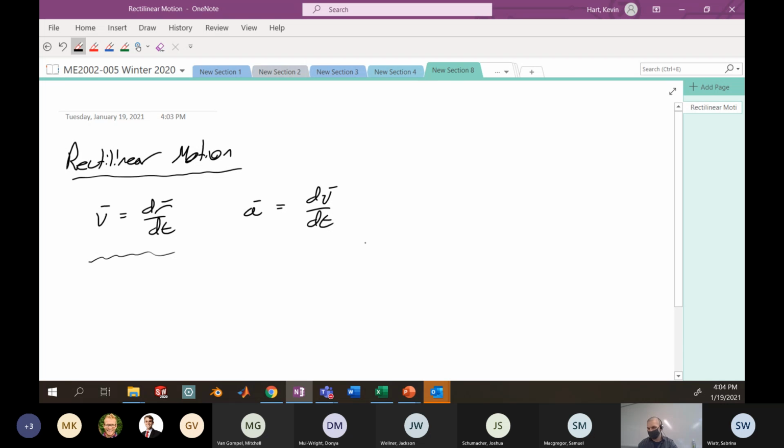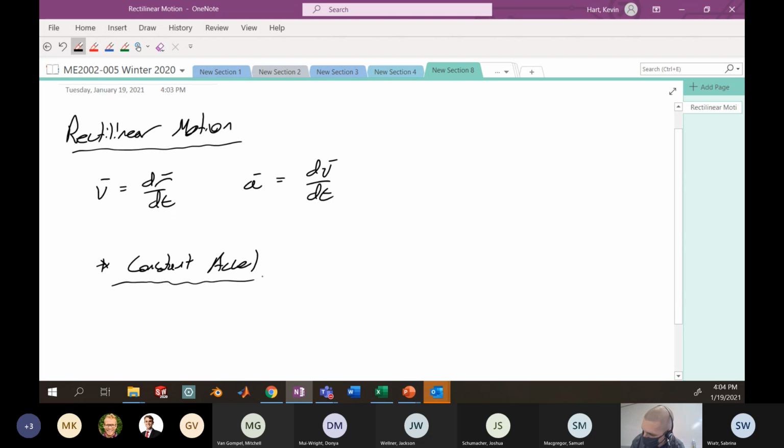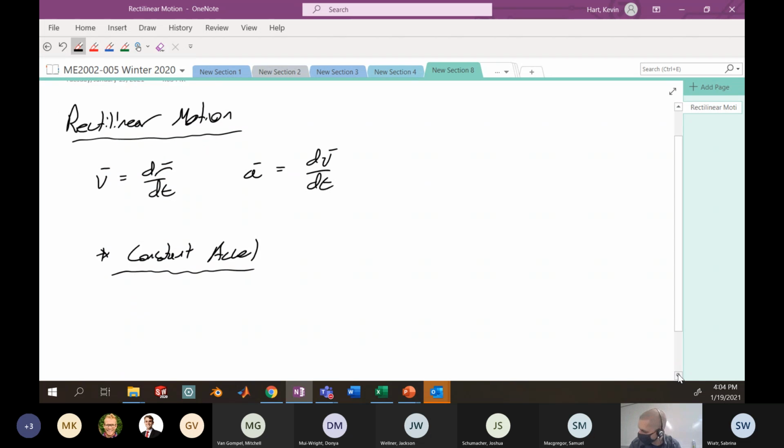We also looked at what happens if acceleration is constant. And we looked at equations that occur if you simplify and have constant acceleration.